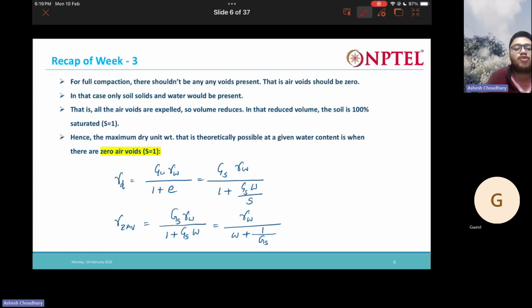Now, for a full compaction, there should not be any voids present in the air, right? Full compaction means theoretically you have achieved the complete, perfect compaction of the soil. That means air voids in that soil are zero.